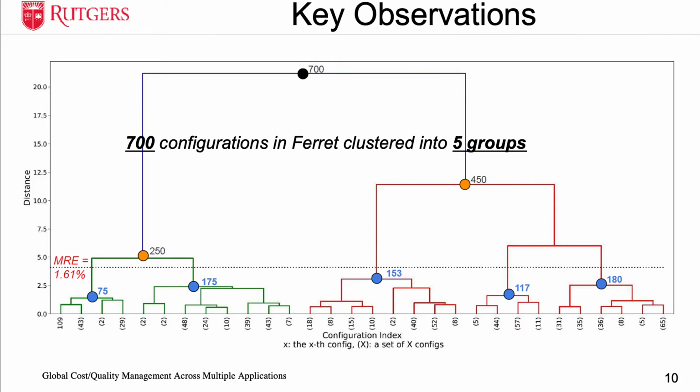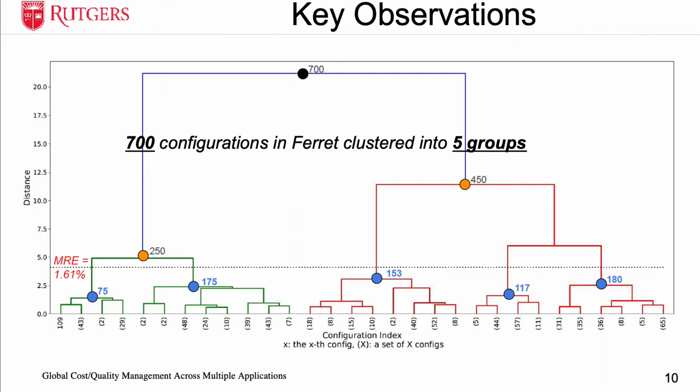So, to ensure the similarity of configurations, we first let configurations in a bucket be close enough to each other by setting a maximum distance threshold. For example, the dashed line on the graph: if we cut the tree with a line at y equals 4, then all configurations can be clustered into 5 buckets.